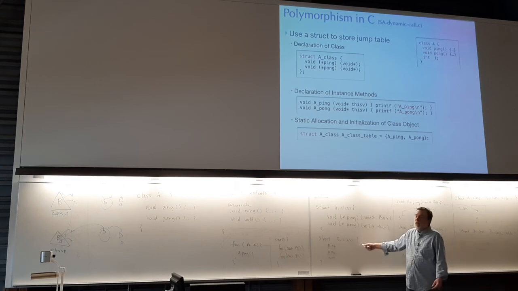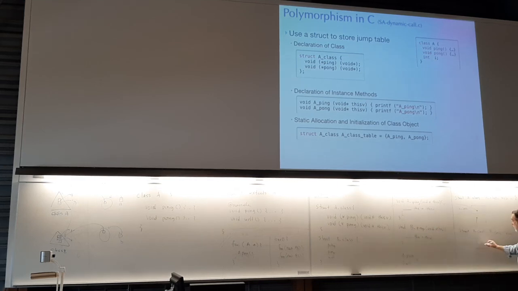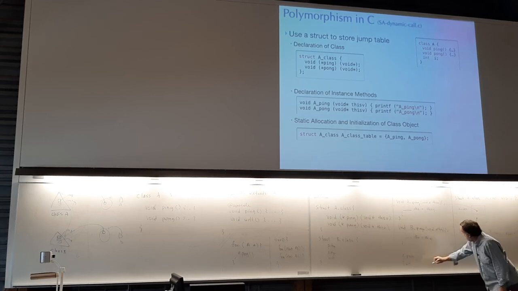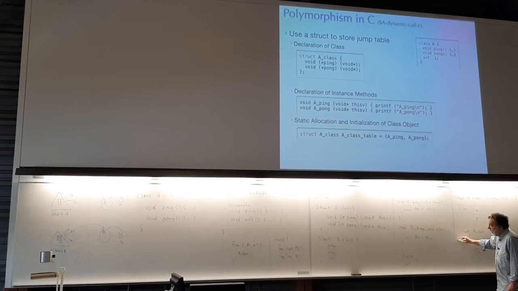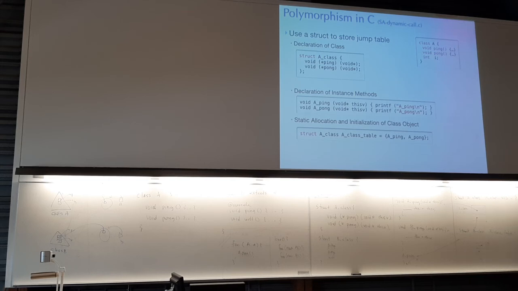It's this table. It has three things in it. That's the initialization. So the first thing is going to point up here to B ping, and then the second one points to A pong, and the third one points to B whip. So these three things all represent all the static stuff. So that just exists before the program's running. I've got two variable names here, global variables, A class table and B class table, that represent the two class objects.